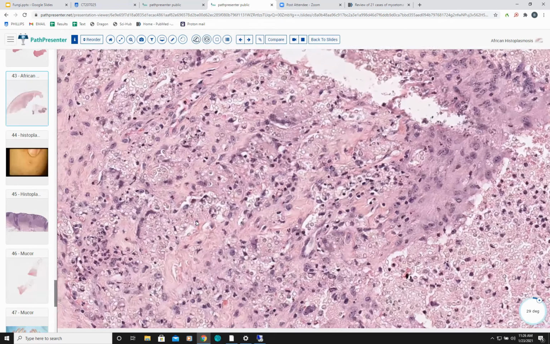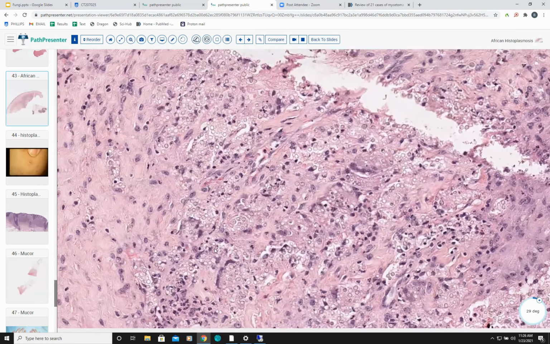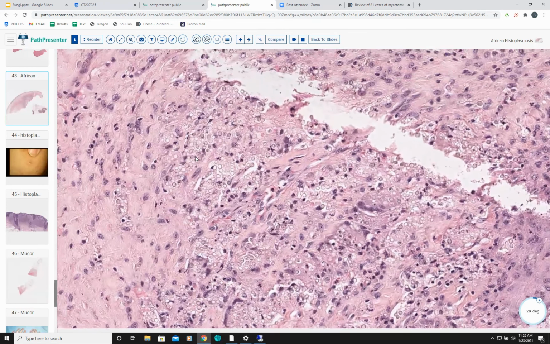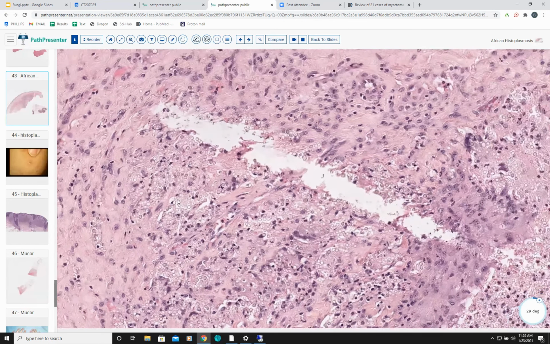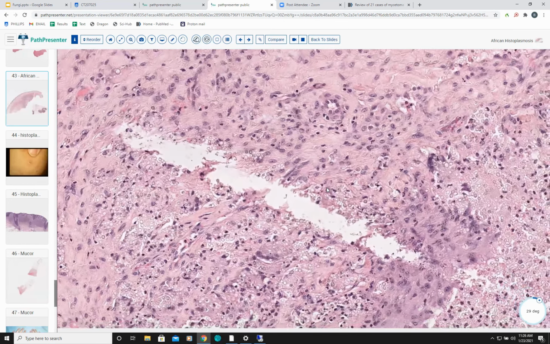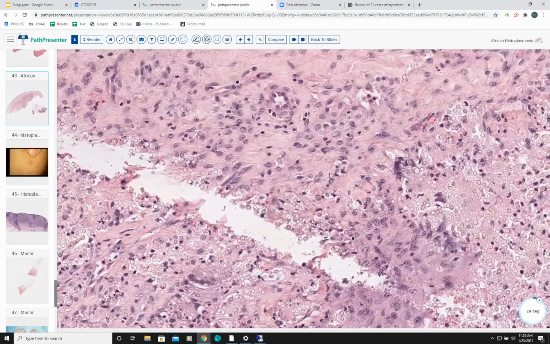And some of these can be intracytoplasmic, and these are smaller than Cryptococcus or blastomycosis. And this is histoplasmosis, as you know, it probably was an AIDS patient because often in immunocompromised.